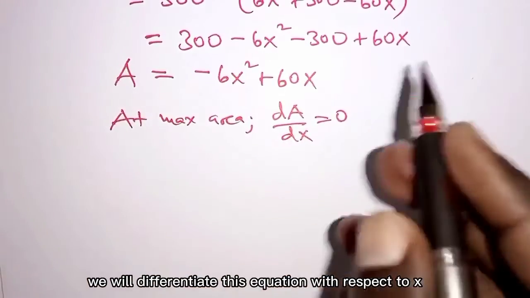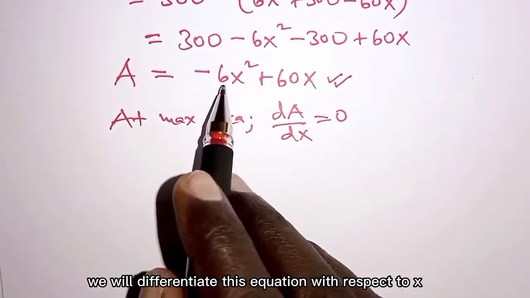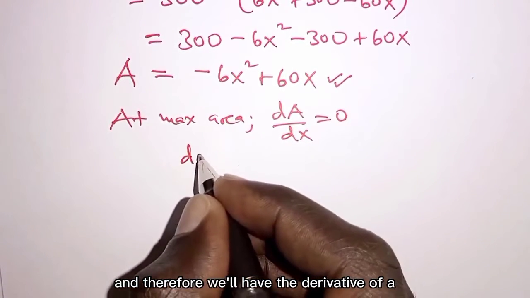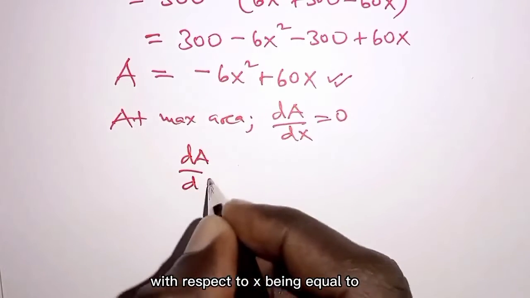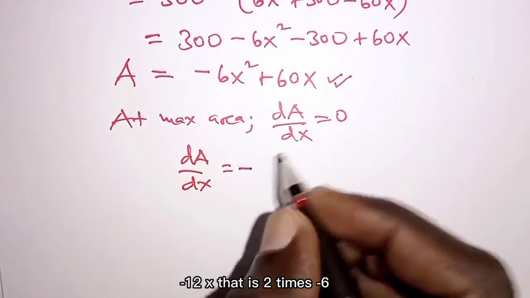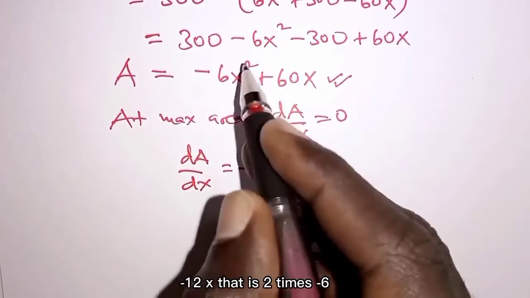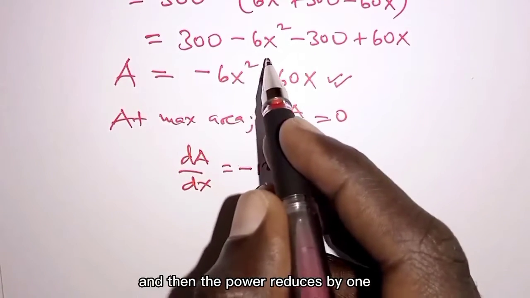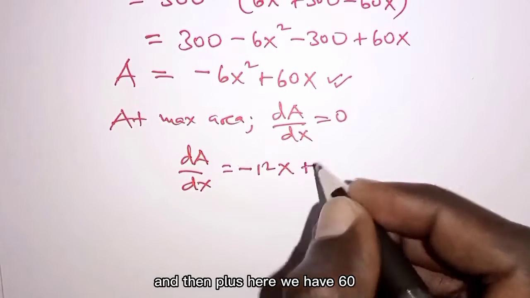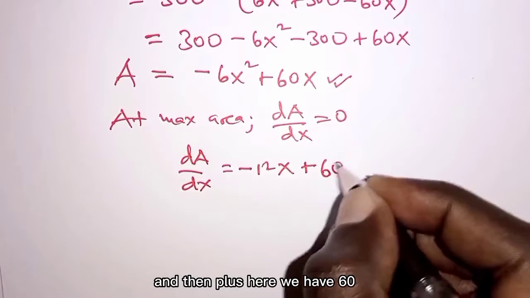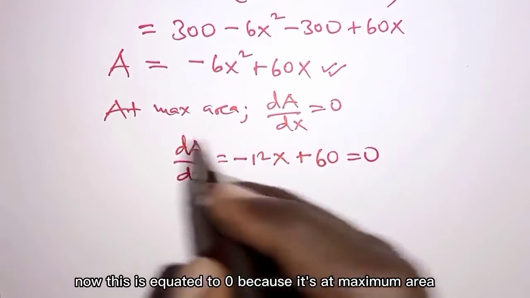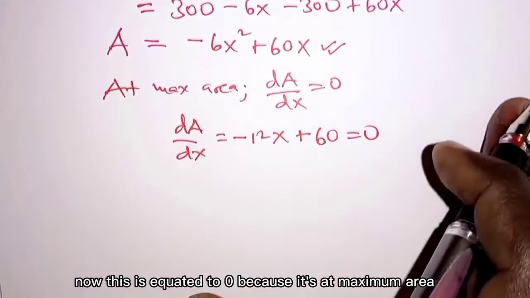We will differentiate this equation with respect to x, and therefore we will have the derivative of A with respect to x being equal to negative 12x, that is 2 times negative 6, and then the power reduces by 1, and then plus, here we have 60. Now this is equated to 0 because it's at maximum area.